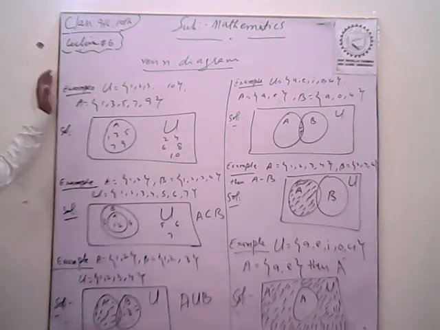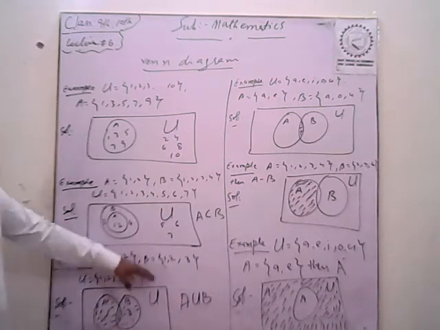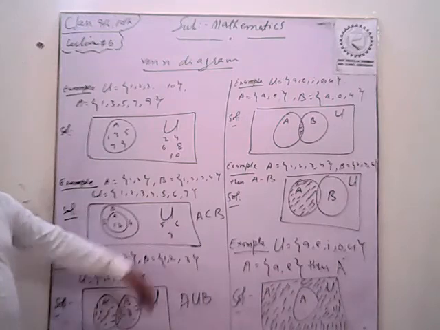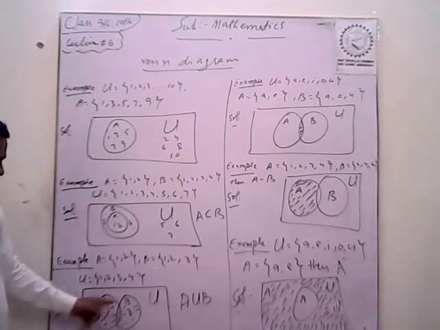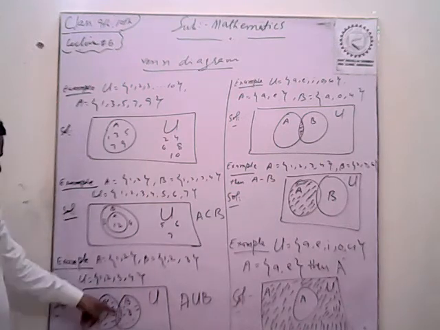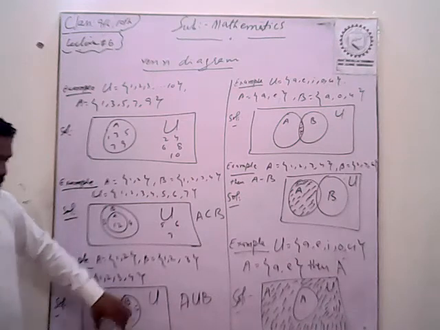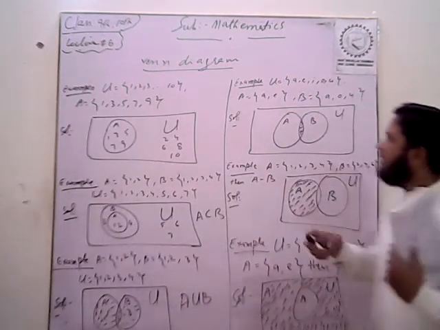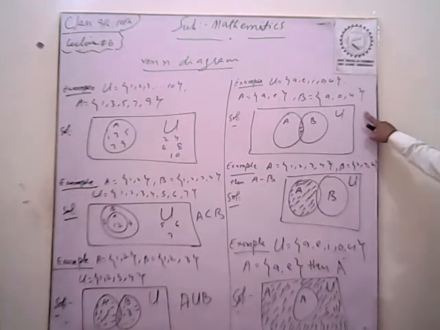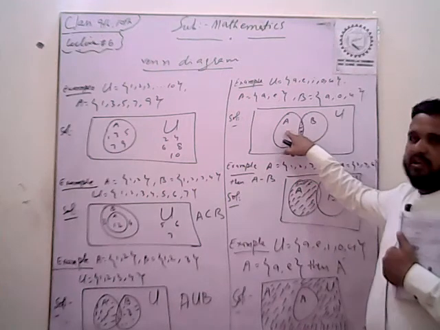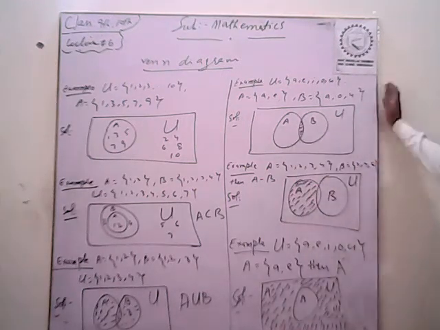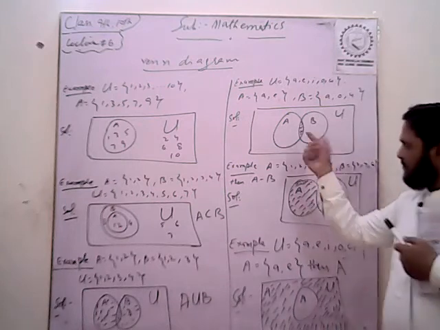First, A union B: A is this, B is this, and U is the universal set, the rectangle. I fill both sets with color, which means the union of two sets.